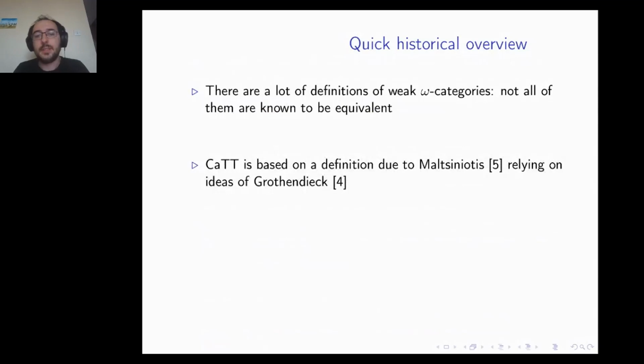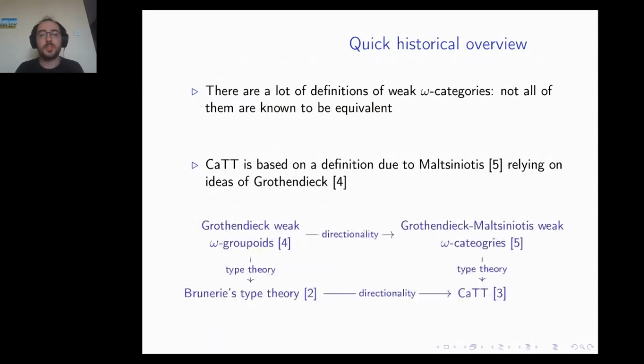So the theory CAT is based on a definition of weak omega categories, which is due to Maltsiniotis, and he relies on ideas of Grothendieck. And the big picture is this one. So you have Grothendieck, who defined weak omega groupoids in a way, and then Brunnery has given a type theoretic version of that.